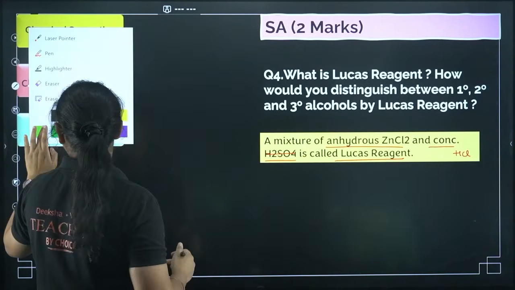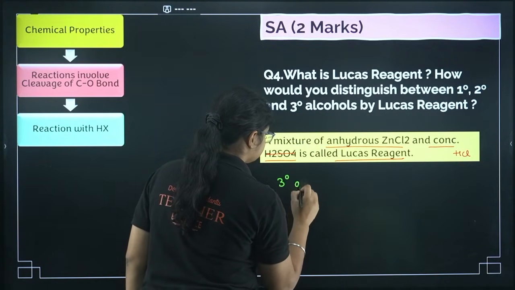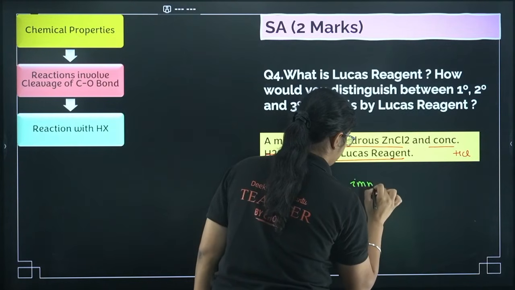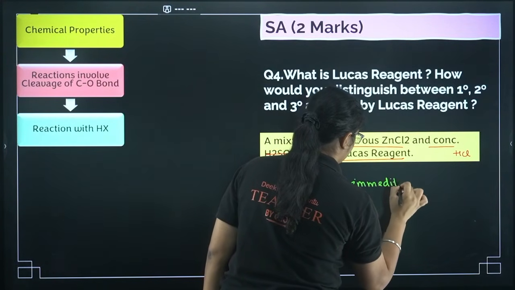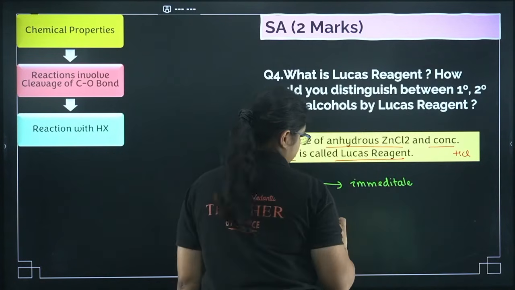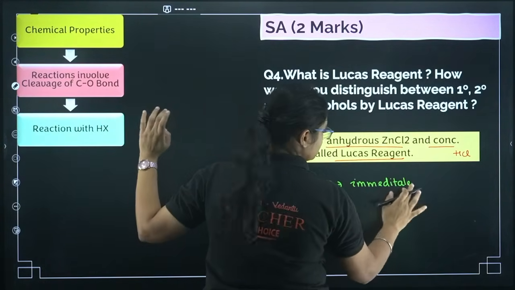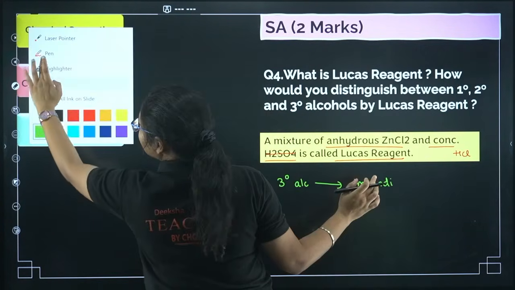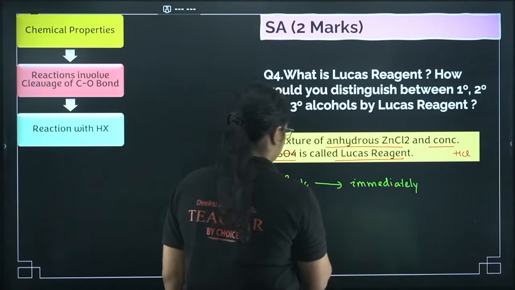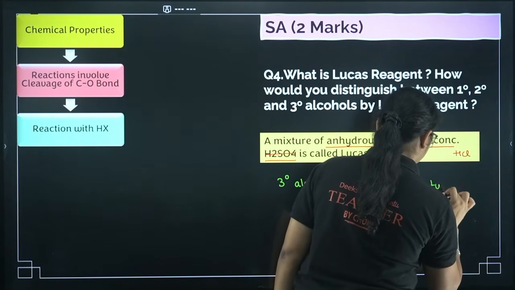Tertiary alcohol reacts immediately with Lucas reagent and gives you turbidity.